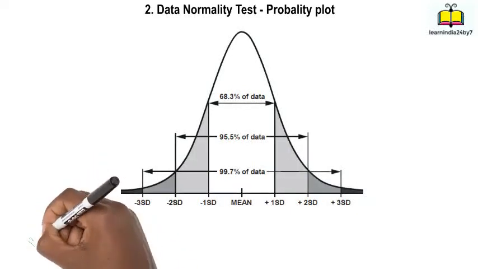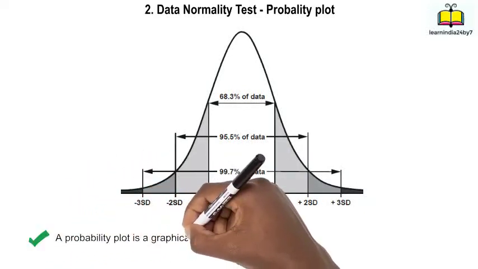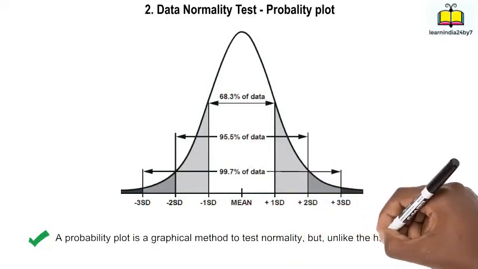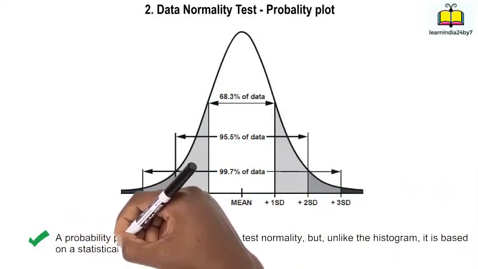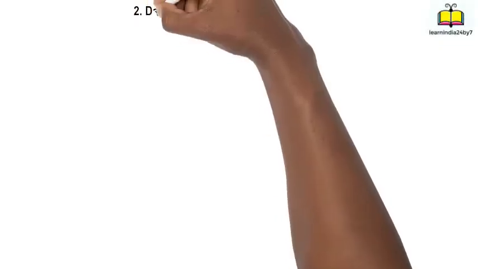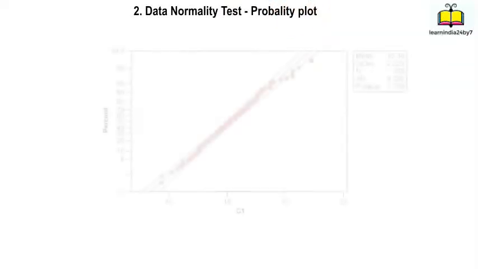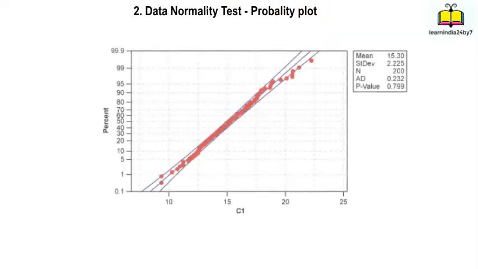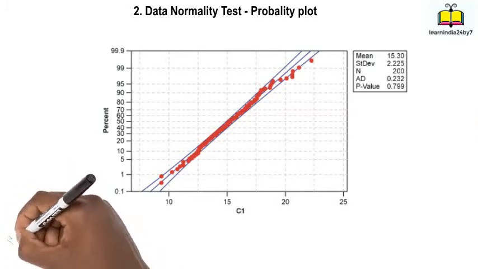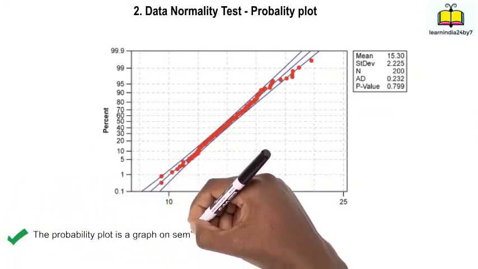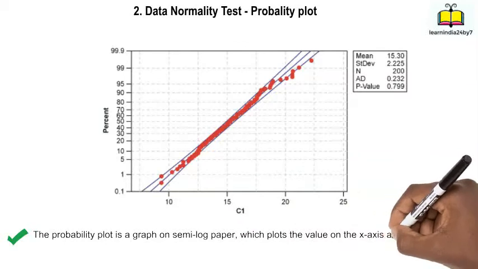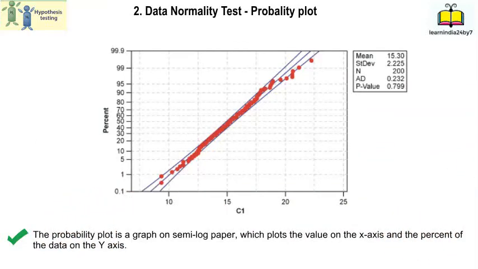A probability plot is a graphical method to test the normality, but unlike the histogram, it is based on statistical test. The probability plot is a graph on semi-log paper which plots the value on the x-axis and percentage of data on y-axis.